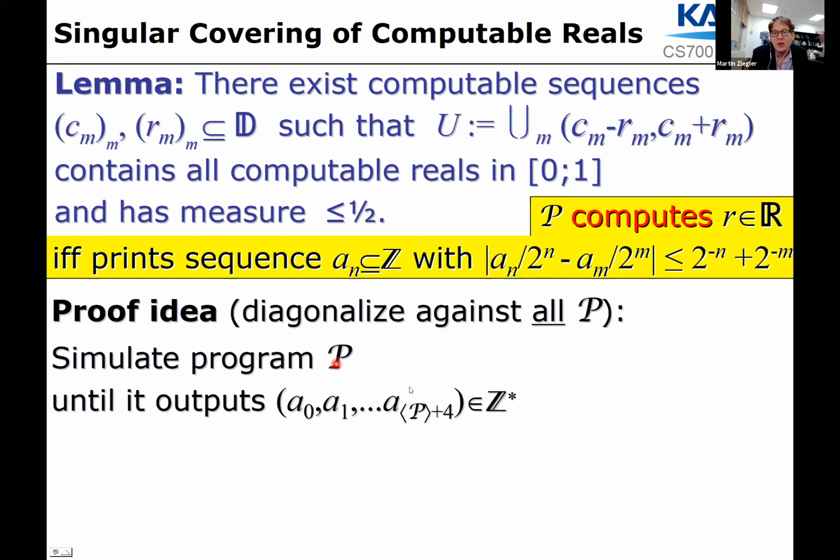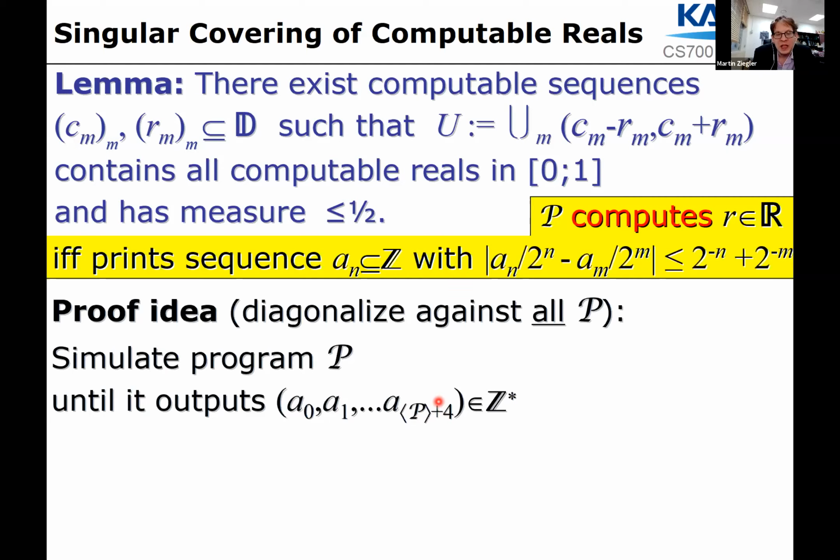Remember, every algorithm is encoded as some natural number, and for a reason that will become clear in a few minutes, we add 4. So we simulate the algorithm until it outputs that. If the algorithm never outputs that many numbers, then that's a different issue that I will address at the end of discussing this slide. But let's for now suppose that our simulation succeeds.